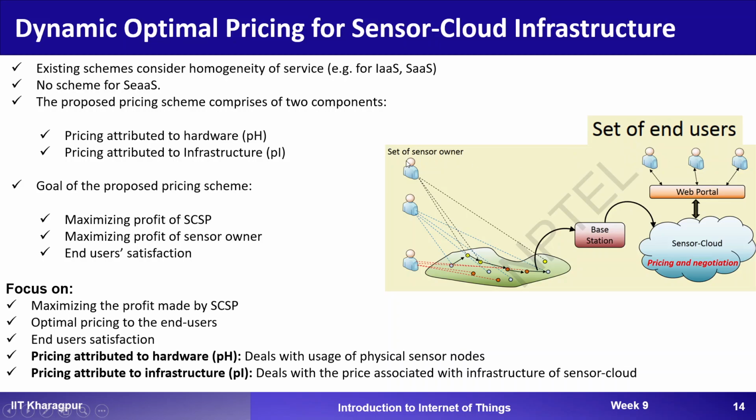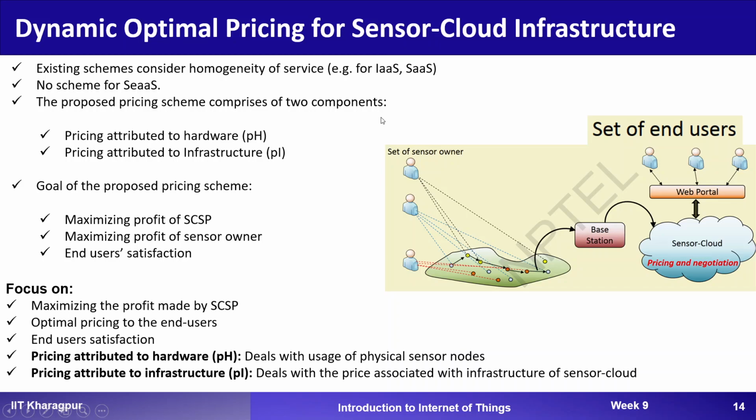The existing schemes of pricing are available. However, there are no schemes for your sensor as a service. So this proposed architecture is responsible for providing optimal pricing for your sensor as a service.